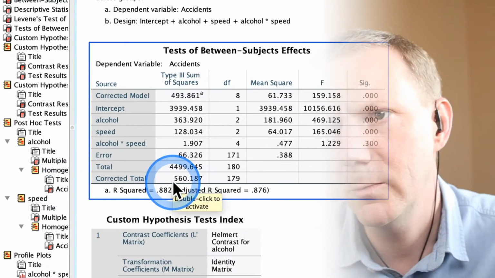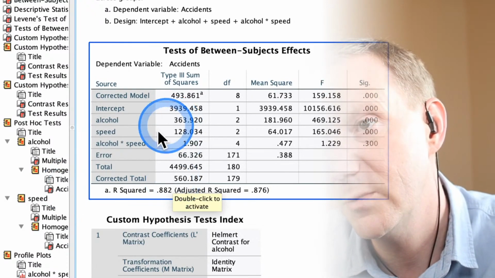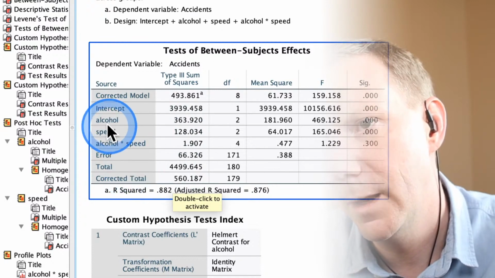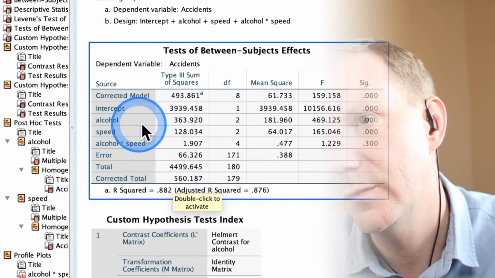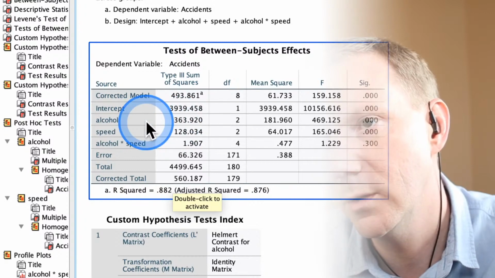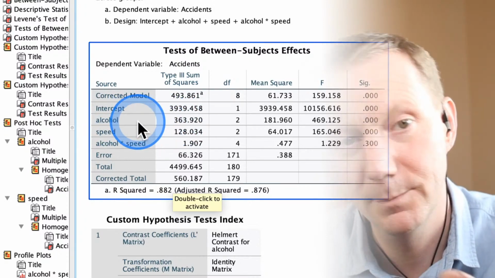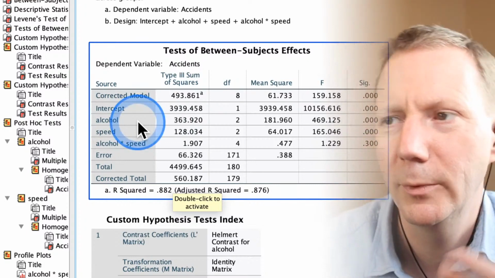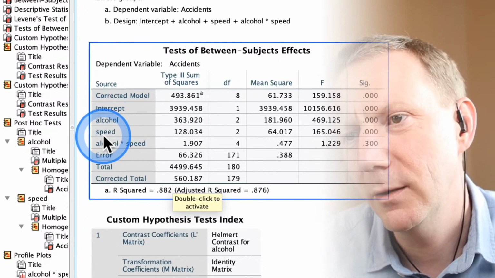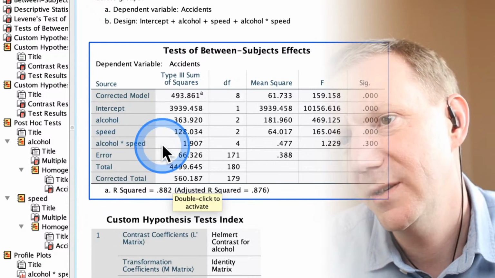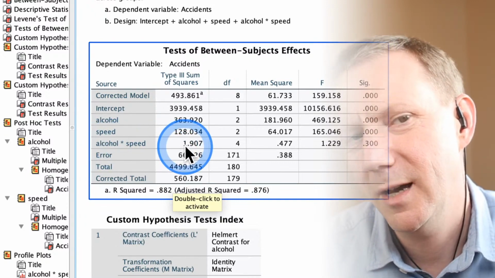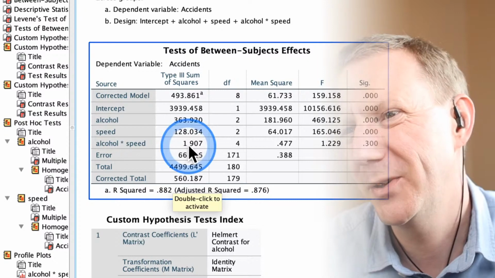We essentially see the same results as we calculated, because we have the sums of squares for each individual independent variable, which we calculated by hand with R, for alcohol, for speed, and our interaction. And we see that our interaction, I remember this one, it was 1.9.